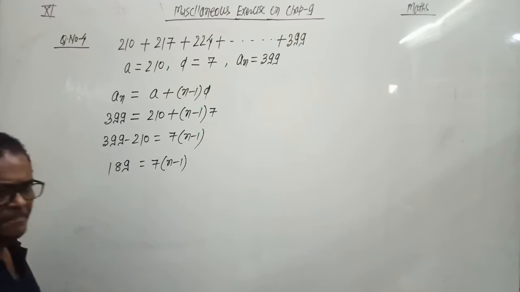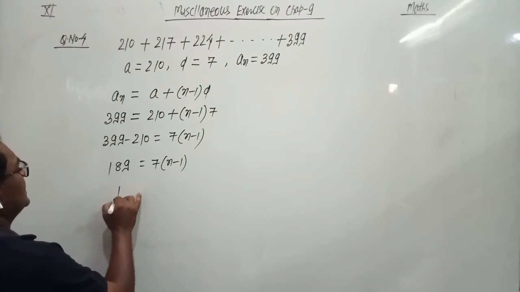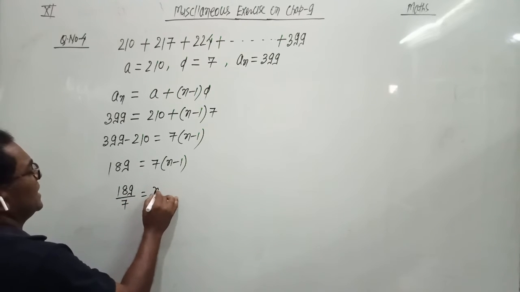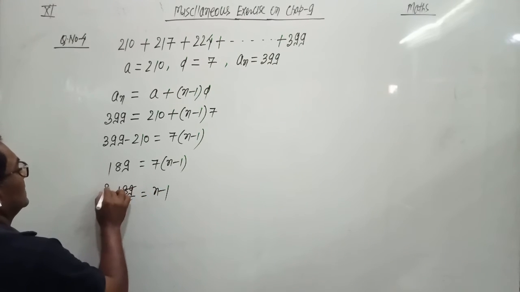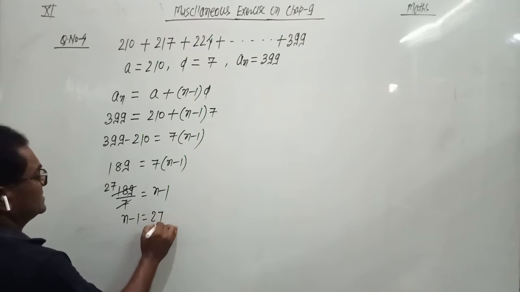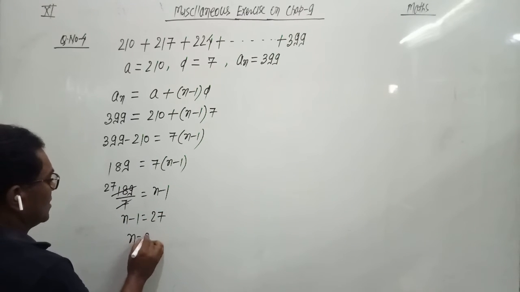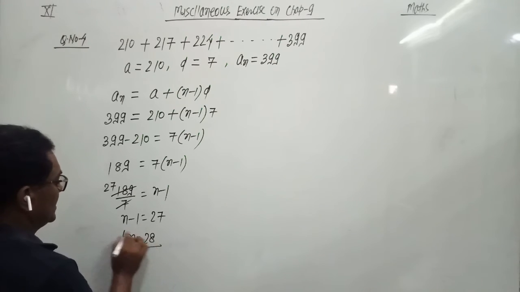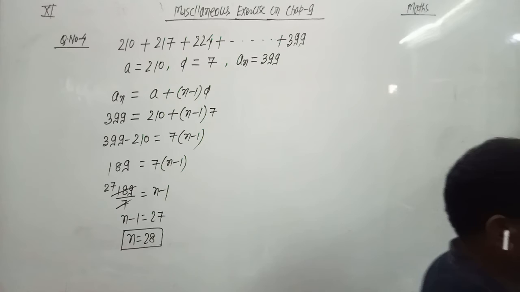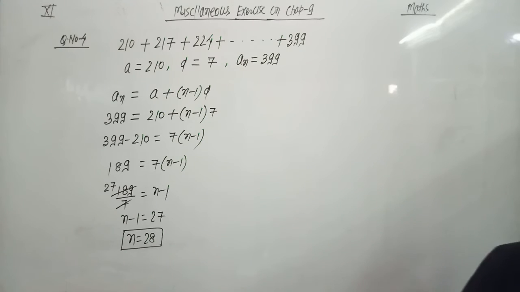Then 189 divided by 7 equals n minus 1. And n minus 1 equals 27, and the value of n comes to be 28. So the total number of terms between 200 and 400 which are divisible by 7 is 28.